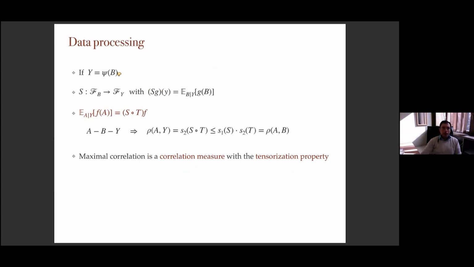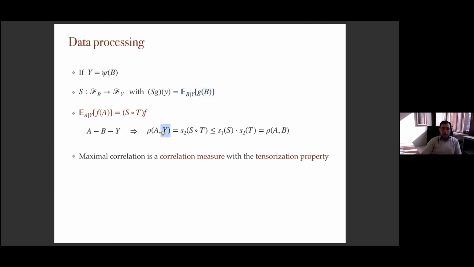Suppose I apply some function on B and generate Y. Then out of these functions, I have this joint distribution between Y and B, and then I have an associated operator S. It's the same operator that I had before, this conditional expectation. Now here, S goes from a function of B to a function of Y. It's just this conditional expectation.